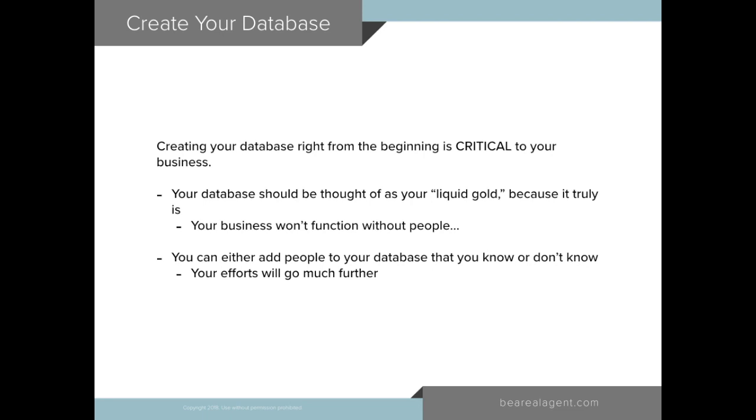And so when you're creating your database, you can either add people to it that you know or that you don't know. Obviously, your efforts will go much further with people that you know, but there are going to be individuals in there that you don't have a relationship with yet, and it's fine to add them to your database. So your database really should include everyone you know and don't know that you want to start cultivating as potential clients.